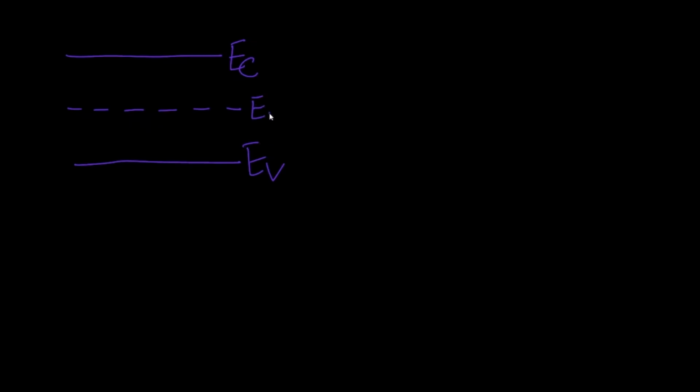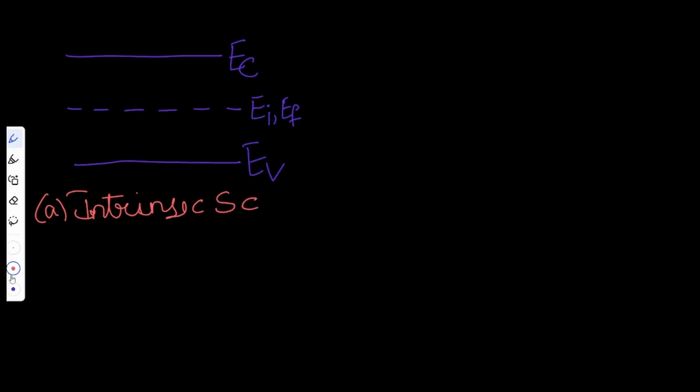This is denoted by E suffix I, which is also known as the intrinsic Fermi level of the semiconductor. So this literally means that we can find free electrons in the conduction band as well as in the valence band.